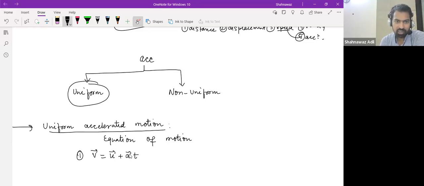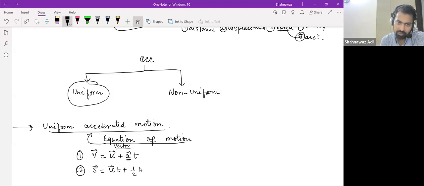Remember that we are talking about these equations of motion only for uniform accelerated motion, which means A is constant. Then we have S equals ut plus half a t square. Just remember that t is not a vector quantity.